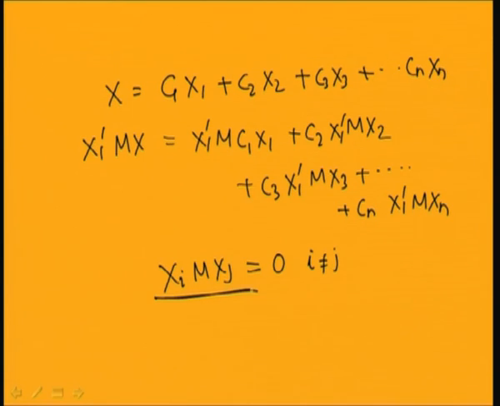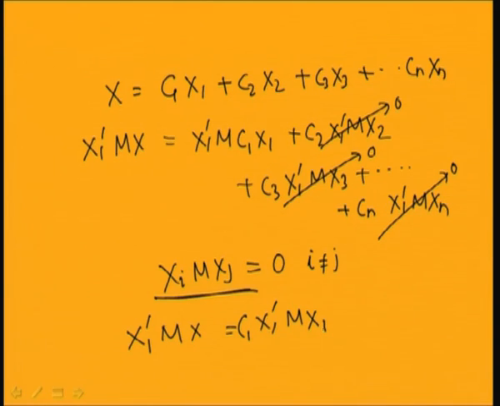So applying this principle, you can check that all these terms become equal to 0. So x1 dash m x2 equal to 0, x1 dash m x3 equal to 0. Similarly, all these terms equal to 0, and you are left with x1 dash m x equal to C1 into x1 dash m x1.